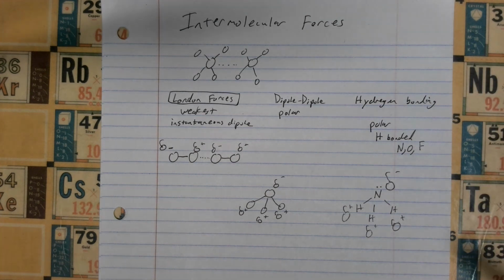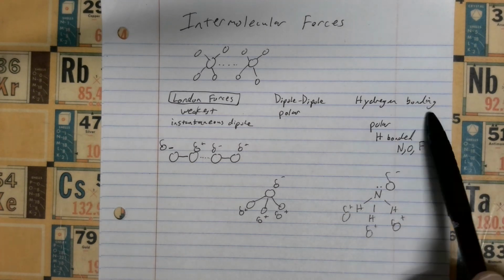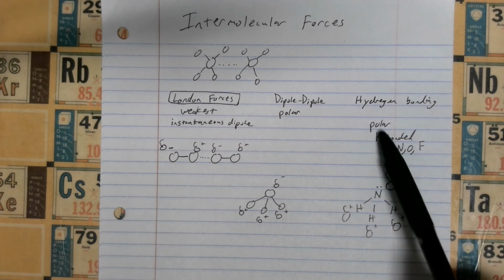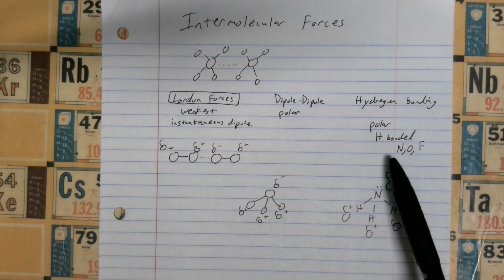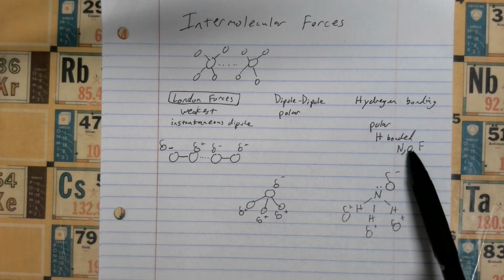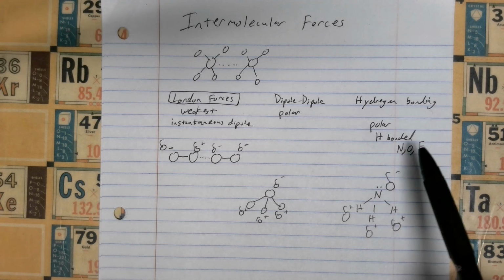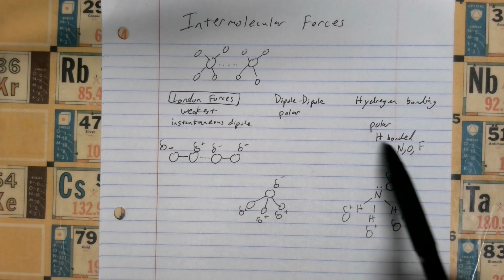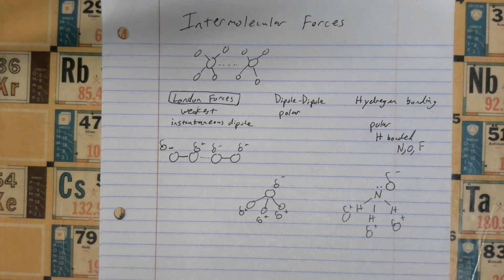So when you're looking to see if hydrogen bonding exists, it's not just that it has hydrogen. The hydrogen has to be bonded to N, O, or F. Even if these are present, if they're not bonded to H, then it can't be hydrogen bonding. All right, I hope this helps. Let me know if you have any questions.